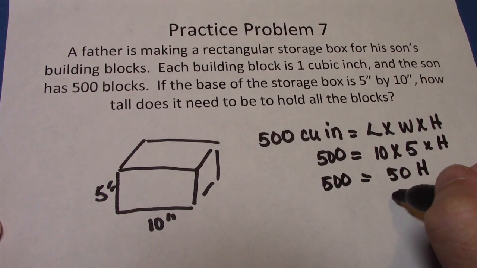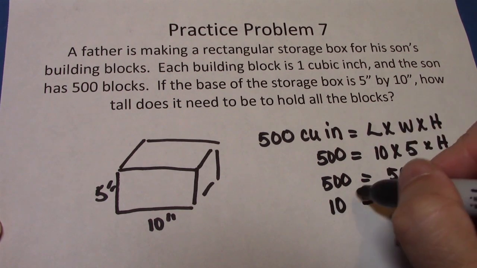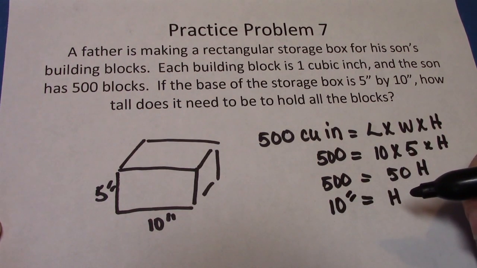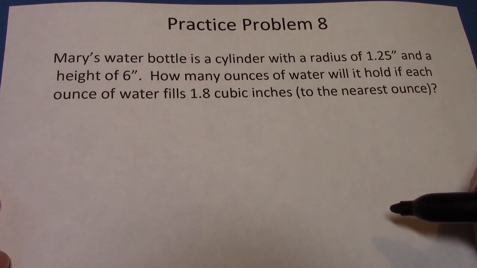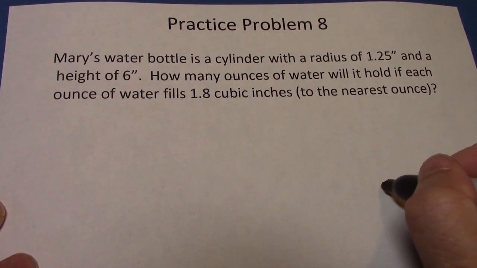Divide both sides by 50, and we will get a height of 10, and we'll label it as inches. Problem number 8. Mary's water bottle is a cylinder with a radius of 1¼ inch and a height of 6 inches. Let's stop and draw a picture of that.